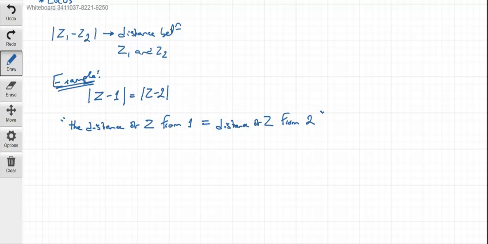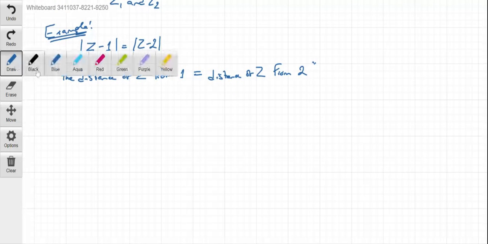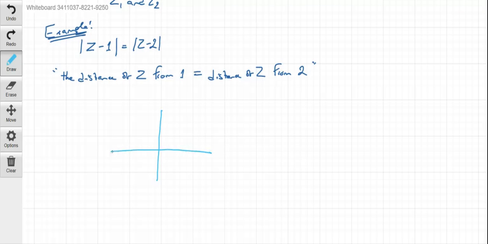Now, just like previous examples where we gave you an equation and asked you to draw the locus on an Argand diagram, if I were to ask you to do the same for this equation, how would you go about doing it? Well, we would obviously need our axes, the imaginary axis and the real axis.